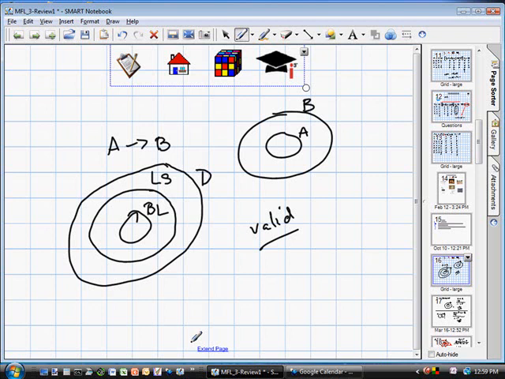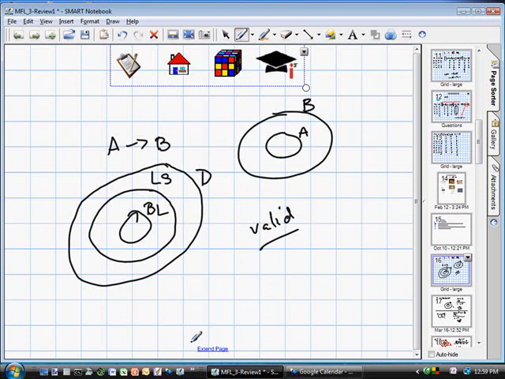So what's the negation of an and? What's the negation of P and Q? Not P or not Q. Now, does that sound familiar?